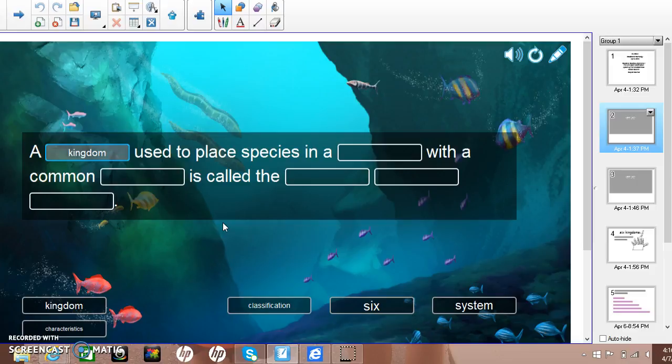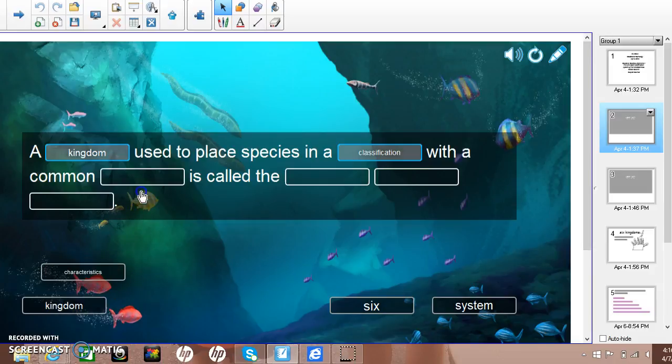A kingdom used to place species in a classification with a common characteristic, it is called the Six System Kingdom.